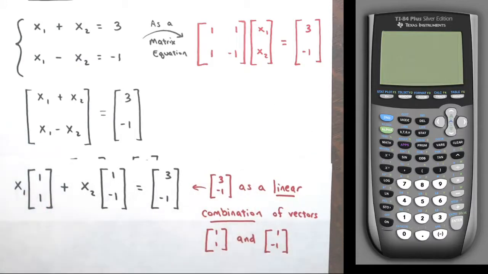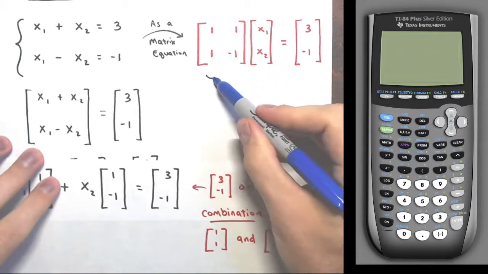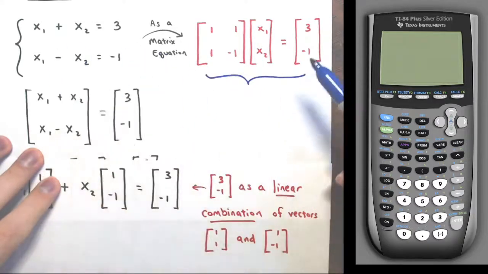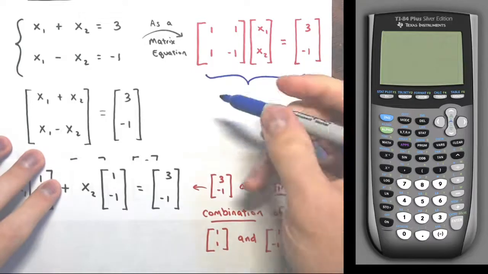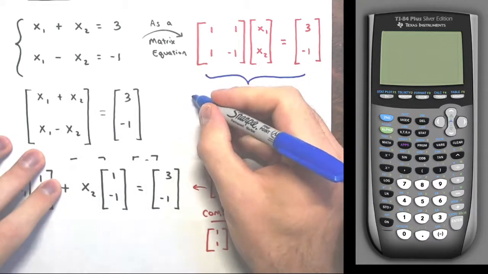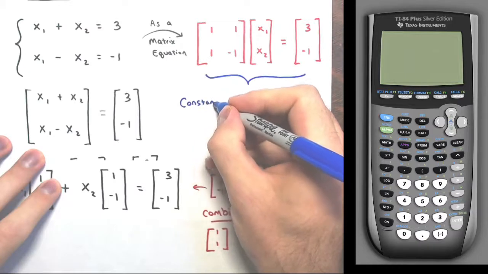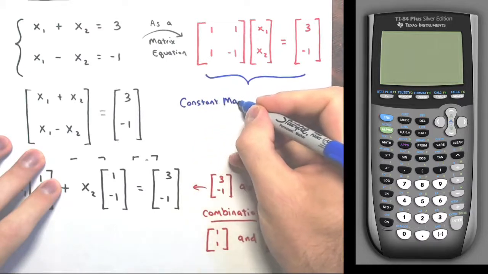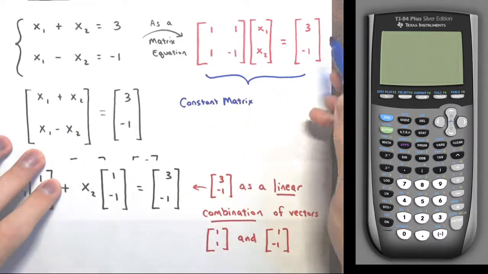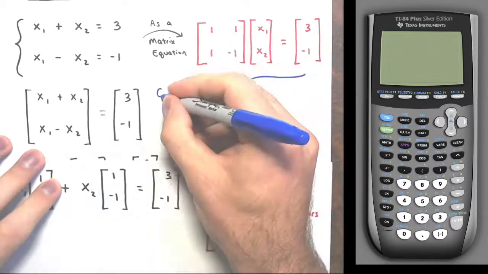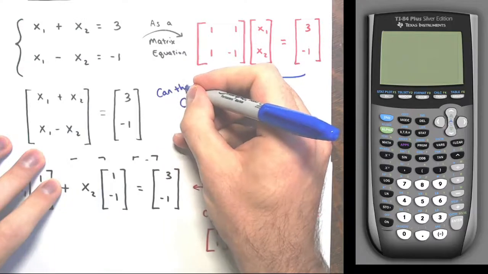So you'll see that solving a system like this, setting up a system of equations, solving a system, is equivalent to saying that, you're trying to figure out, can the constant matrix, right?